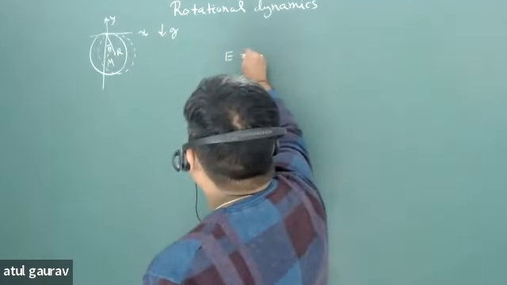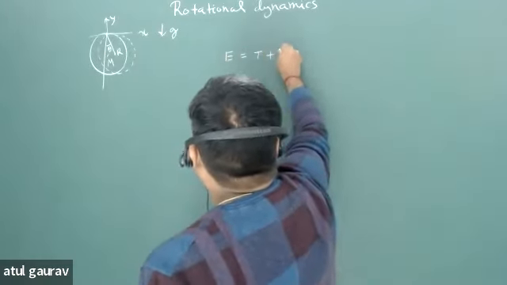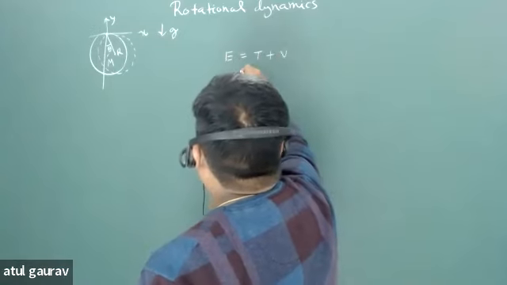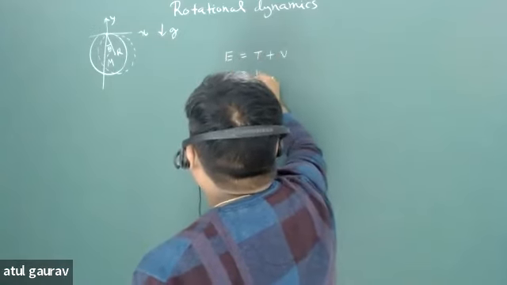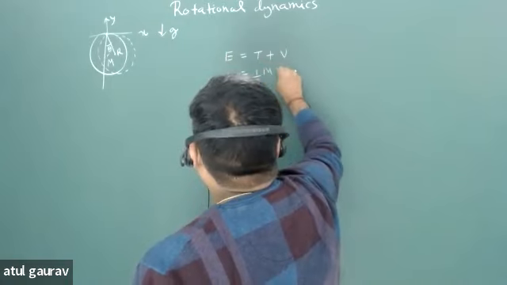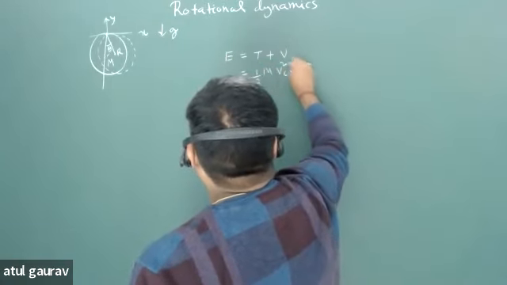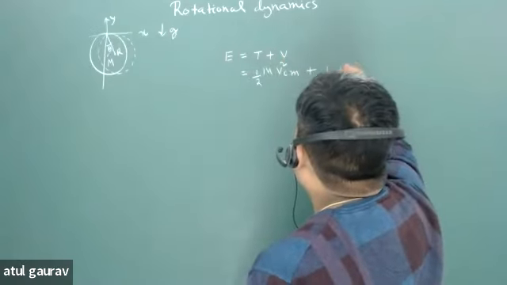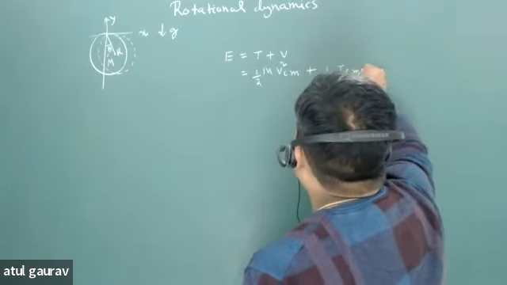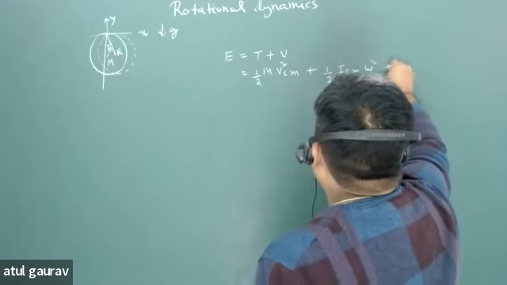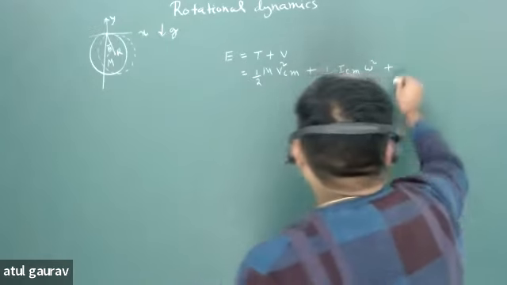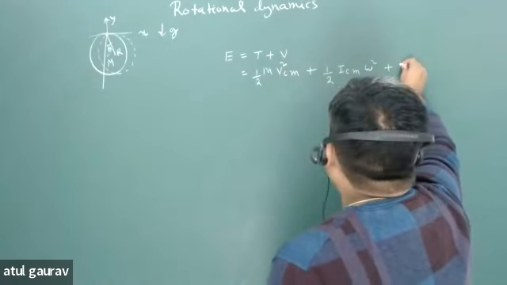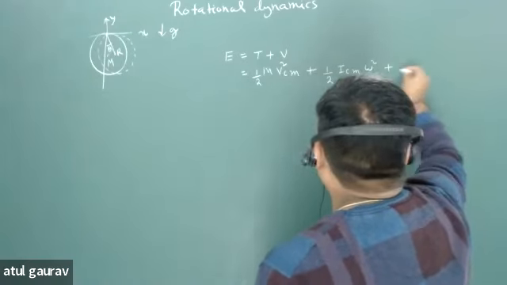The total energy is kinetic energy plus potential energy, and the kinetic energy is half m velocity of center of mass squared plus half I_CM omega squared, and we have to write the potential energy separately.